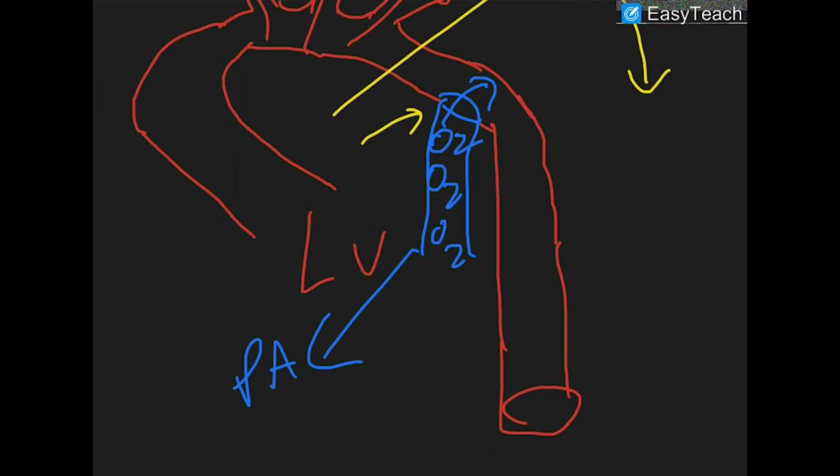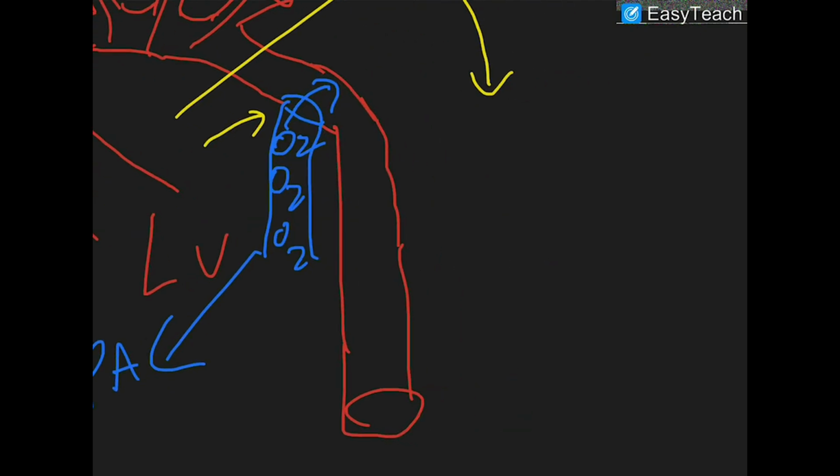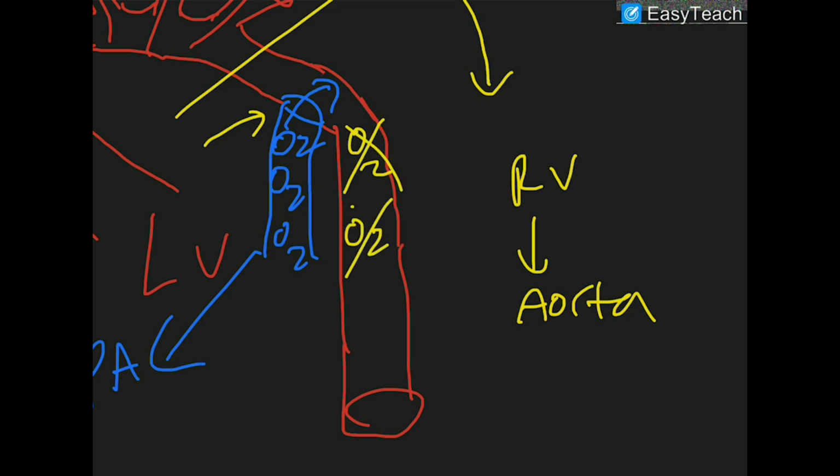And remember, what is the aorta in this condition, in this congenital defect? Where is the blood coming into the aorta from, right? It's coming from the right side of the heart, which is carrying deoxygenated blood. Remember the right ventricle pumps into the aorta. So the aorta already has deoxygenated blood, right?